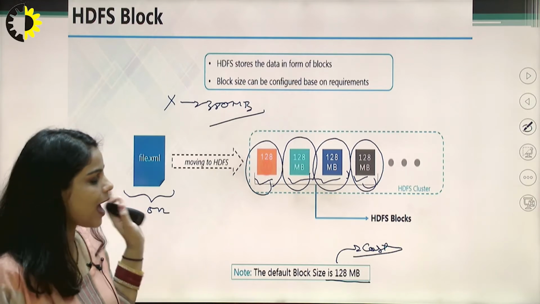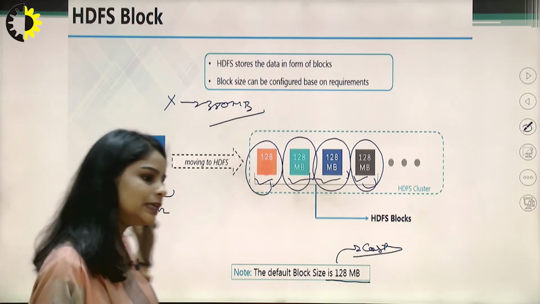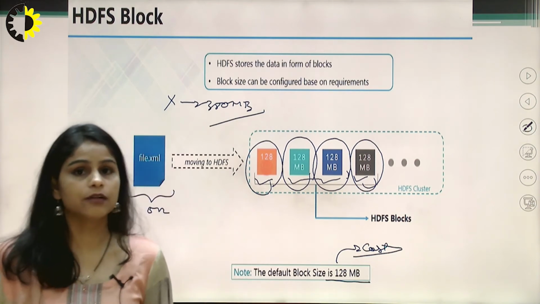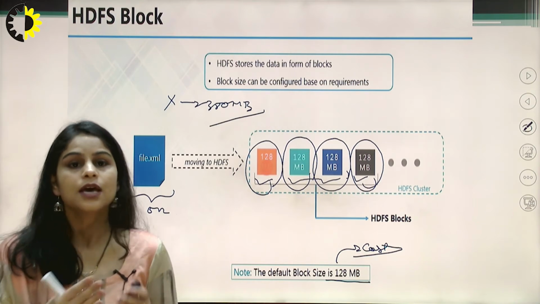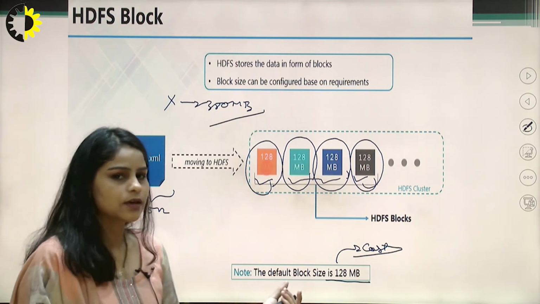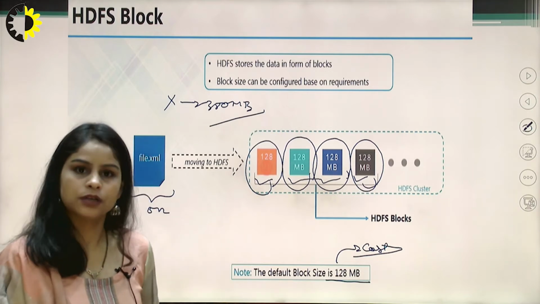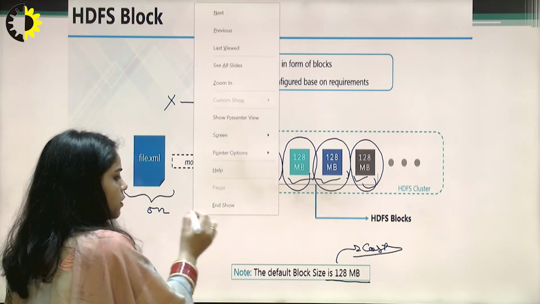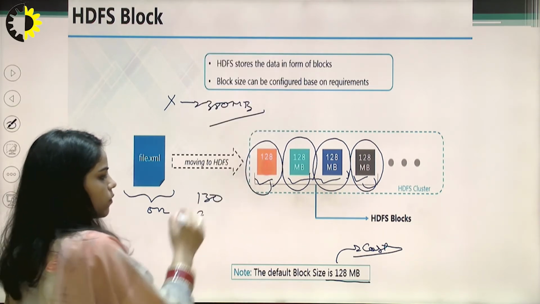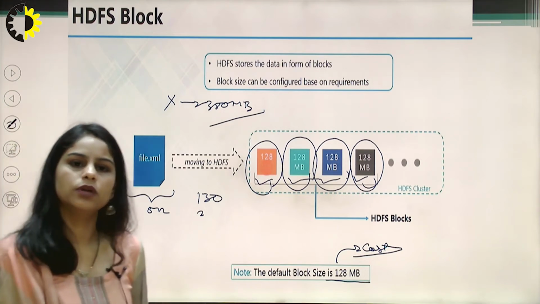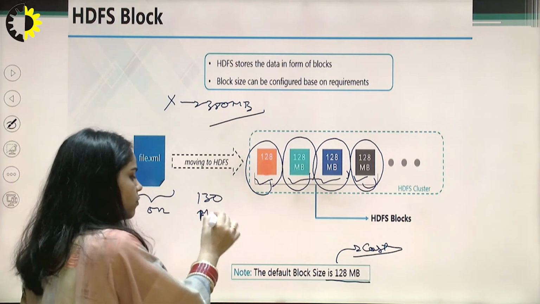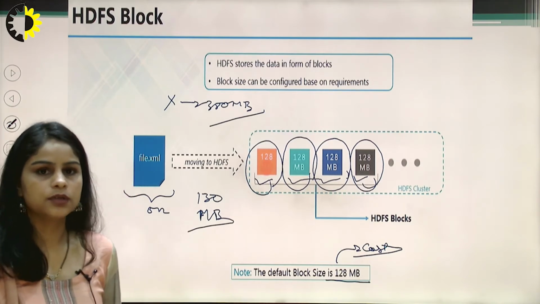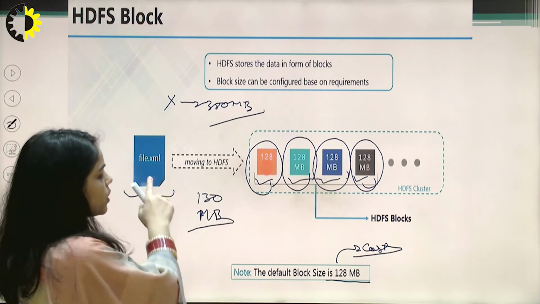Whenever we have a smaller sized file, we can directly dump it on the data nodes. Whereas, if the size of the file that we are writing on HDFS is higher than the standard block size, we need to divide, to partition it. For example, if I have a file of, let's say, 130 MB, then before storing it onto the data nodes, HDFS will identify the size of the file.